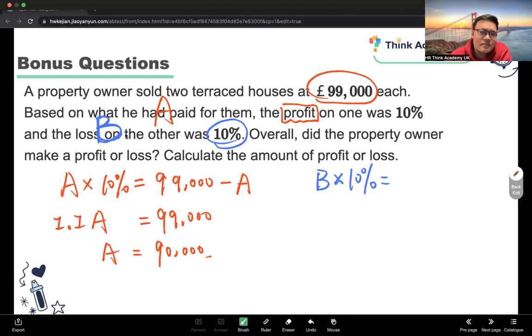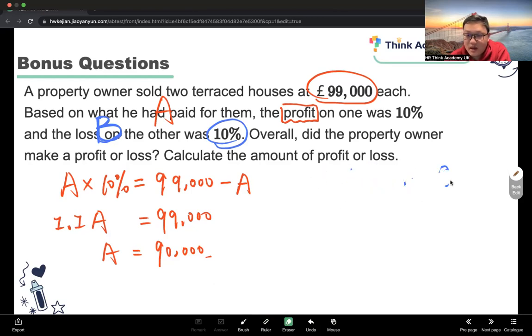And B must be smaller or larger than this 99,000, guys, if you get a loss? If you want to get a loss, you must pay for, yes, larger. Must be larger than that, right? And that gives you B, take away this number. It's not that number take away B.